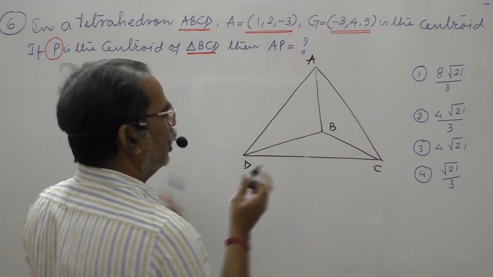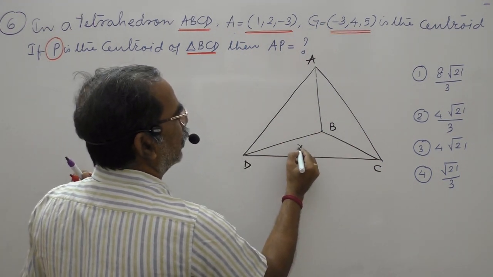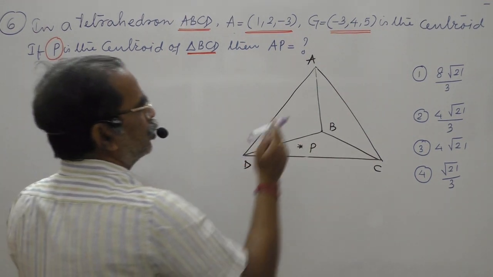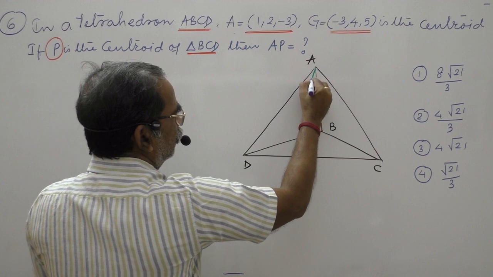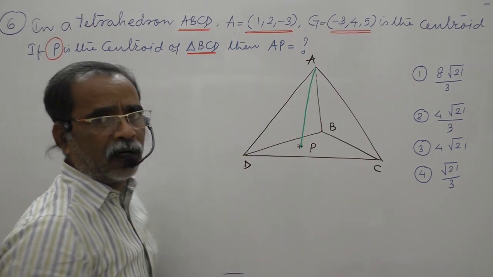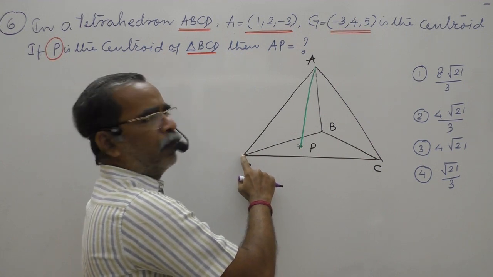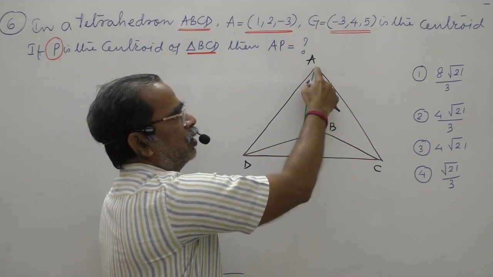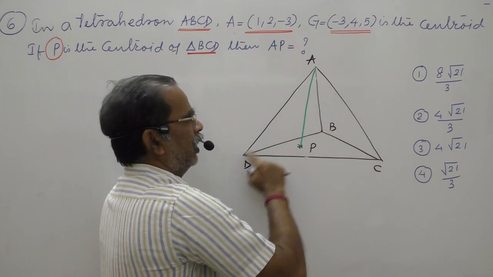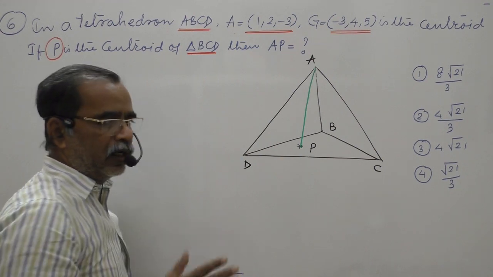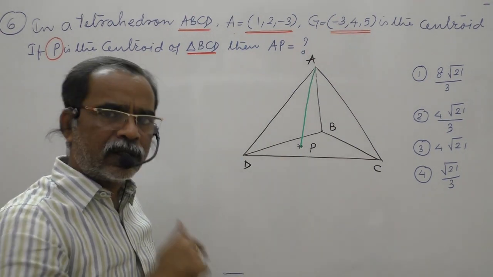For this triangle, its centroid is given as P. So if I join this and this, you will get 1 line. Similarly, the point D and the centroid of the opposite face ABC, you will get another line. In the same way, you will get 4 lines, and their intersection is the centroid.